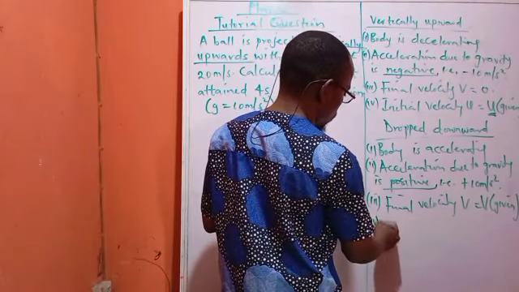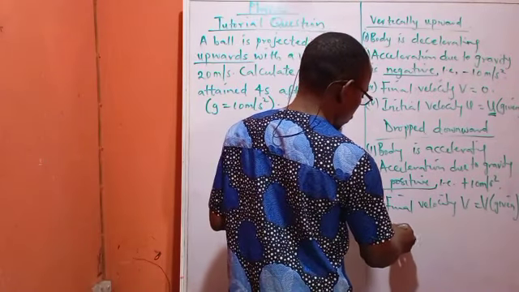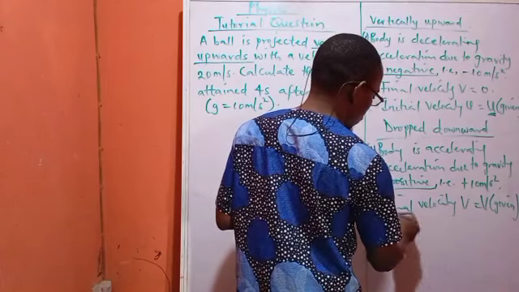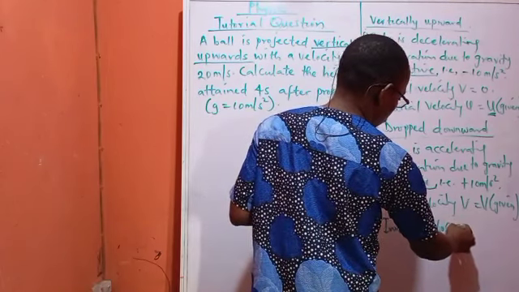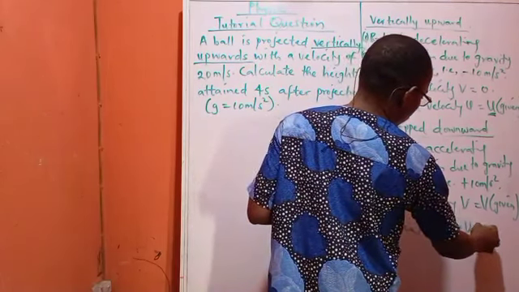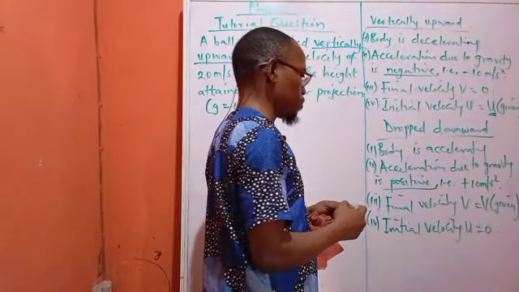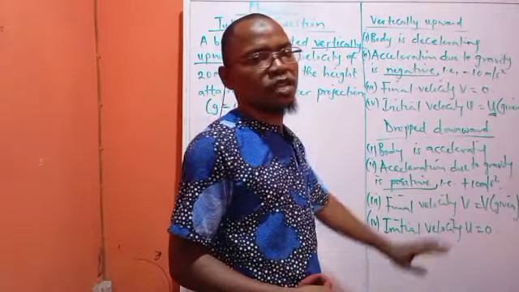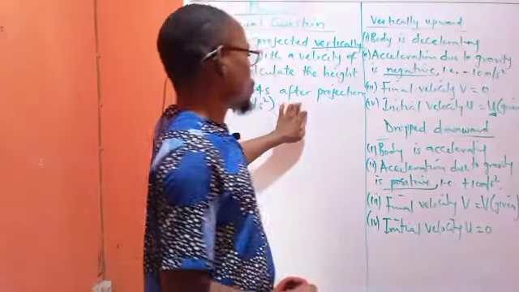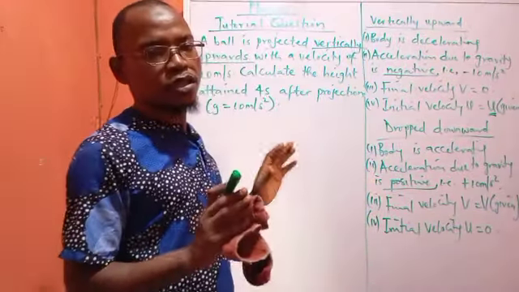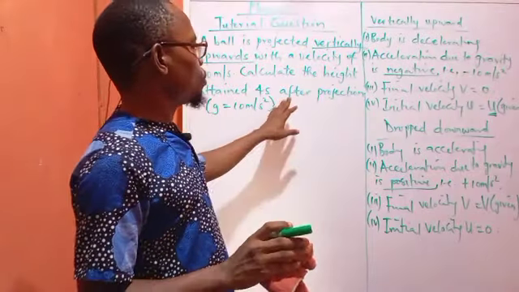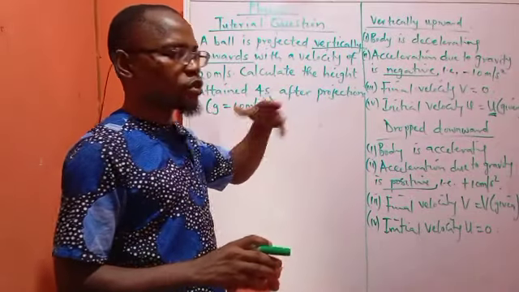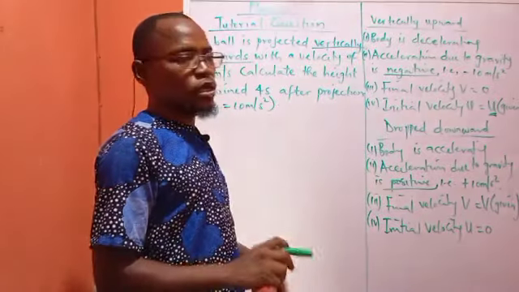Then point 4 is what? Initial velocity u is 0. If we put all this at the back of our mind, solving a question like this and any subsequent one won't be an issue.